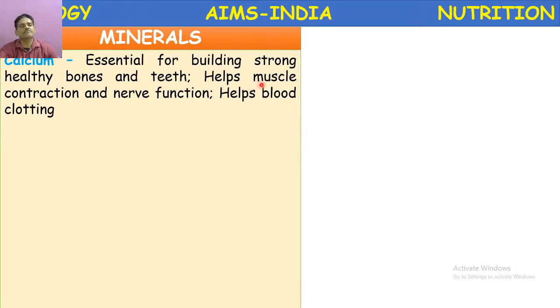Next, calcium helps in muscle contraction. It's also a very important function. And nerve function. And it also helps in the clotting of blood. Calcium acts as one of the factors in the clotting of blood. And it is also required by lactating women for the production of milk.